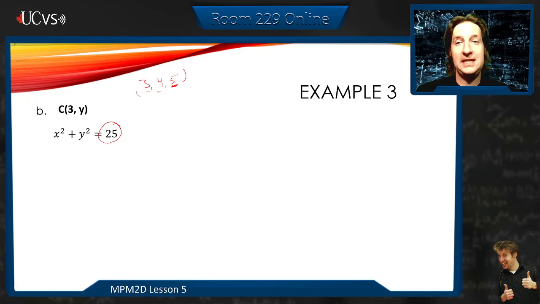So to make my life easy, I chose 3, because I recognized 25 as being the square of 5, which is a Pythagorean triple number. So I'm going to replace x in this case with 3, and then I solve, right? 9 plus y squared equals 25. Subtract 9 from both sides, I get 16, and the square root of 16 is 4. So therefore, my third point is going to be 3, 4. Okay, it could also be 4, 3. Right, that one will work as well.